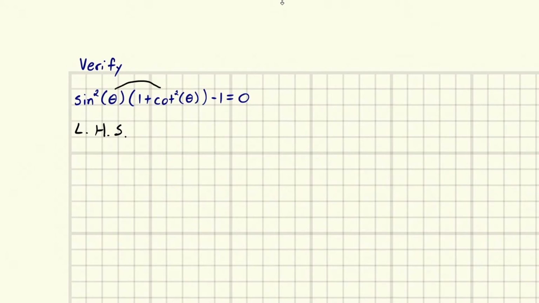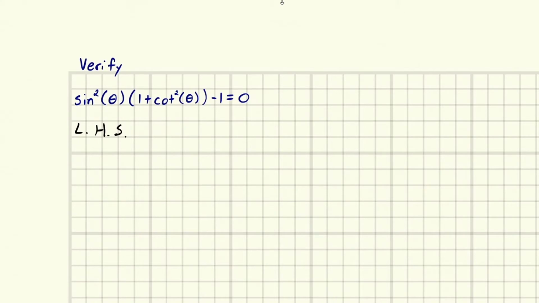So when this sine squared comes in here, it's going to simplify, and we're going to be left with a whole new thing. So I think that might be easier to work with first, and then we'll see where we go from there. So let's go ahead and do this thing.